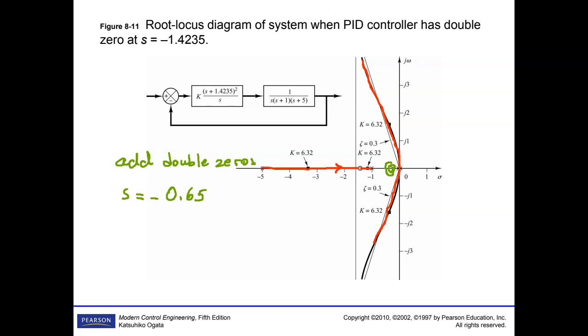All right. Now, what's happening now? If we add double zeros here, we all know that the journey is going to start from poles and end up with zeros. So these two poles are going to move towards those zeros, and that, sorry, follow my cursor, please.